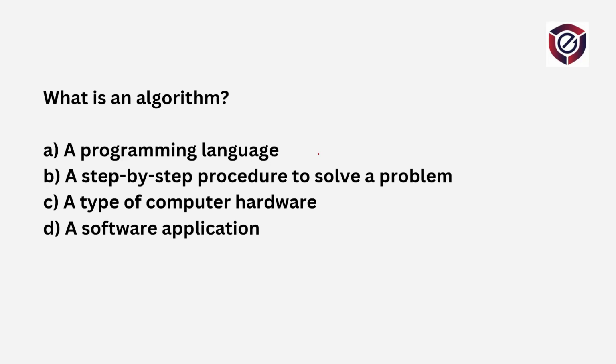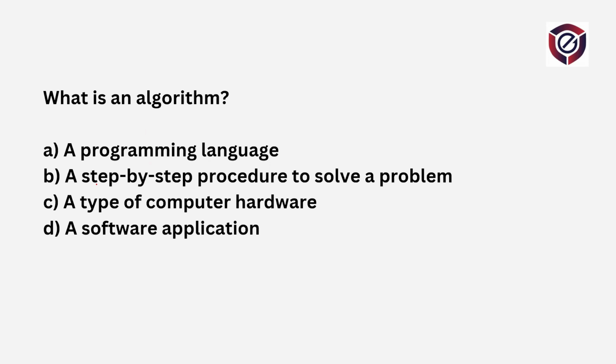Whenever we want to solve a particular problem, the first step is to write a step-by-step procedure, like finding the sum of two numbers. We will begin with: take two numbers, add them, store it into a third variable, then print the sum variable. You need to write the step-by-step procedure, and that whole process, we call it an algorithm.